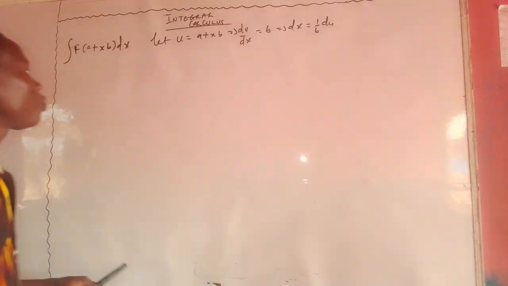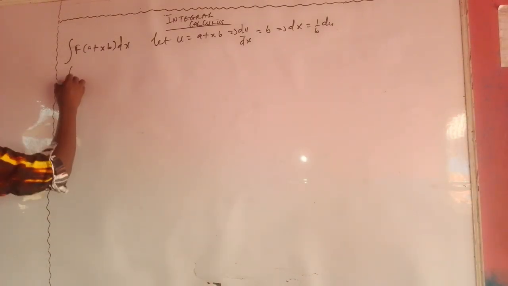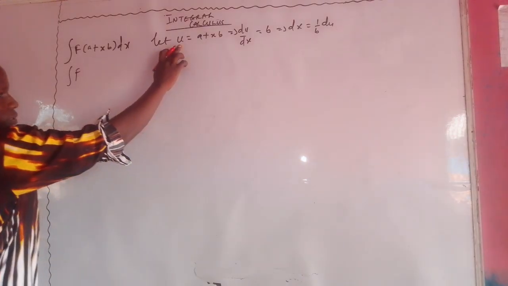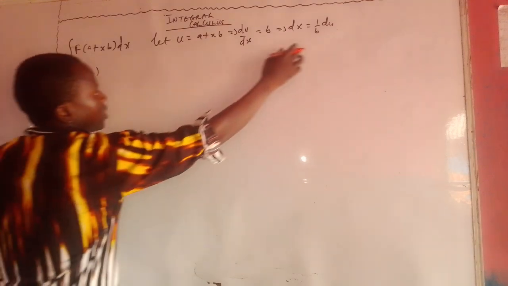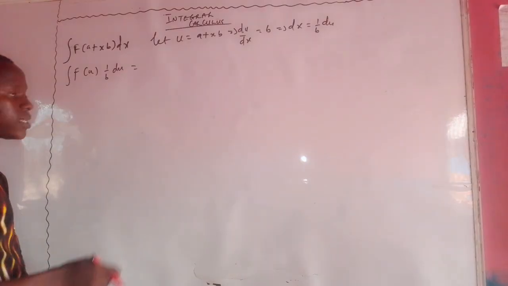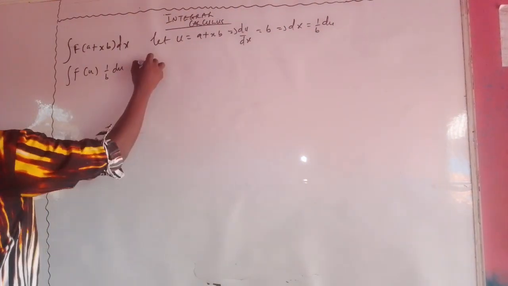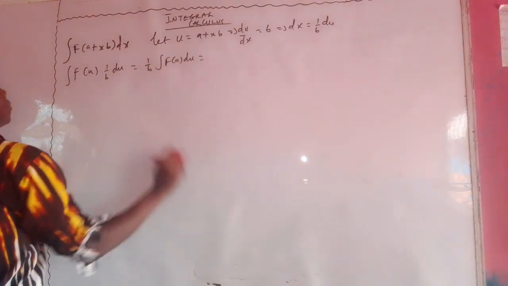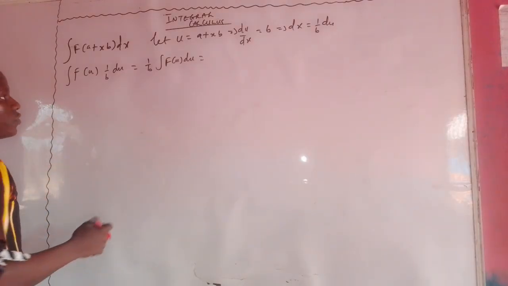So we come back to this integral. Instead of writing a plus xb, you write u, so we have f of u. Instead of writing dx, you write 1 over b, du. 1 over b is a constant, so we can bring it out. We have 1 over b, then the integral of f of u du, so we can just call it capital F of u.